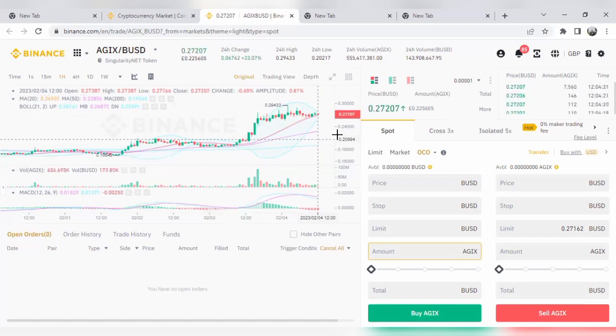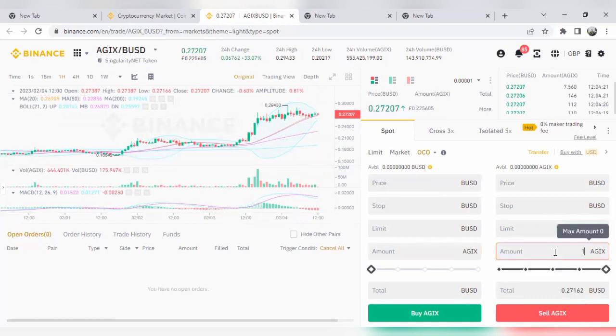So let's say I already bought 100 AGIX, so I want to sell it. I'm just going to type 100, although, okay, this is 1,000 I typed there. Let's just leave it at that. Now the price that I want this to sell right now, it's 0.27162. So let's say I want it to sell at maybe 0.3.